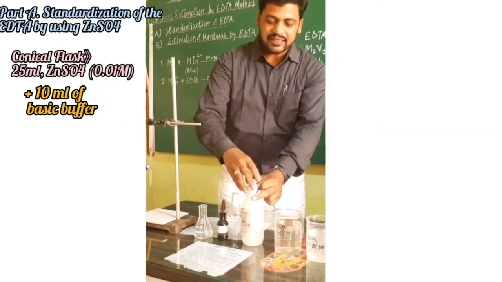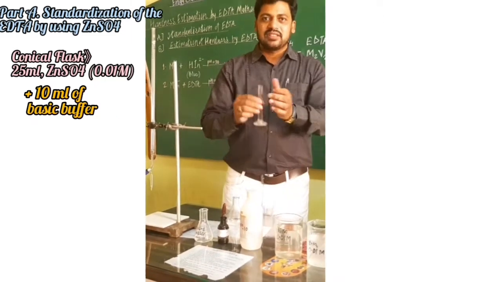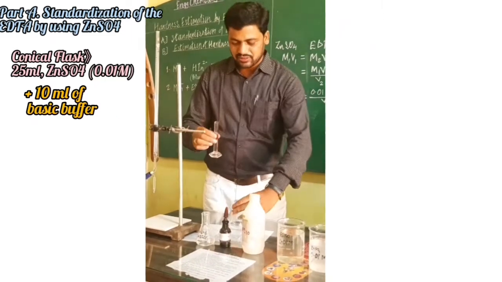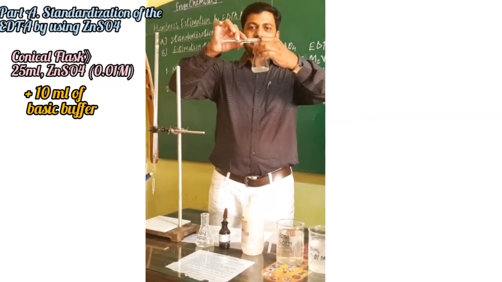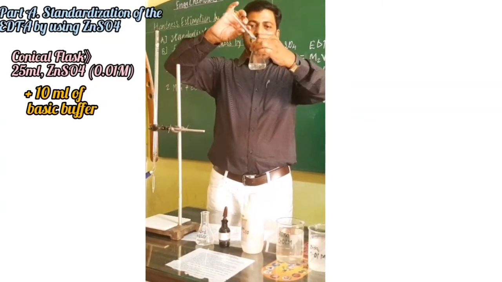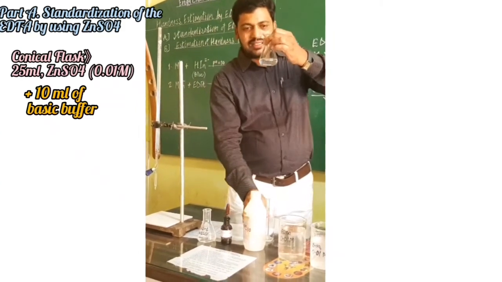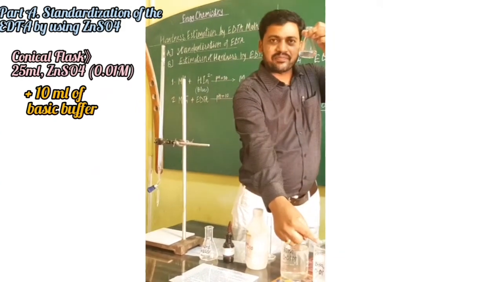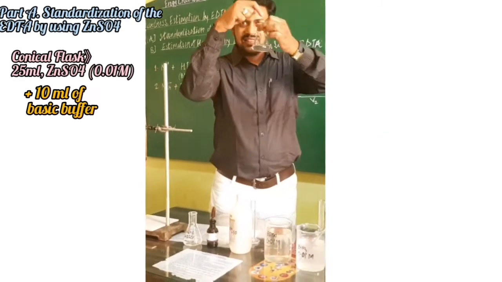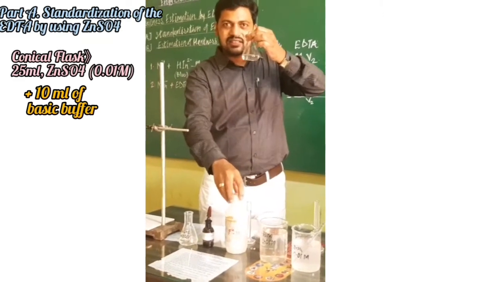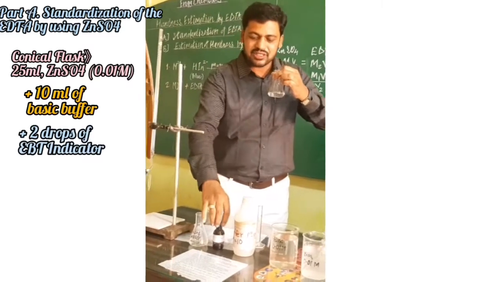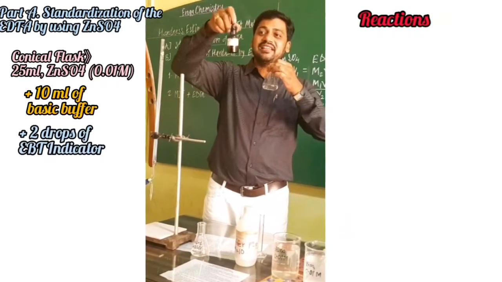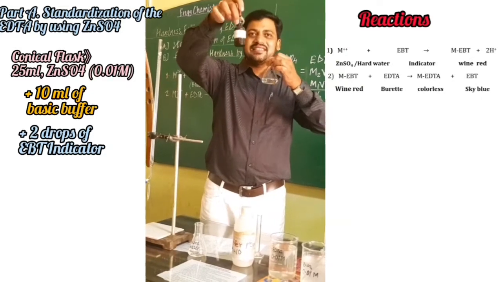So I am adding here the basic buffer solution. Its approximate quantity is 10 ml. 25 ml of this ZnSO4. In the same I have to add 10 ml of basic buffer solution. And in the same we use the indicator, name of the same is EBT, Eriochrome Black T. This is the indicator.